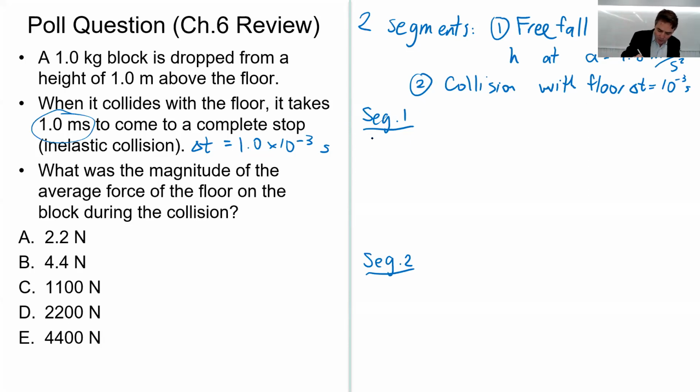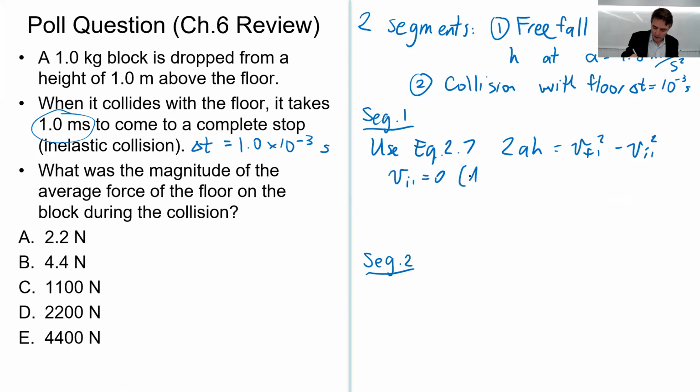I'm going to use equation 2.7, actually from chapter 2, which was that 2 times a times that distance, which I'm going to call h, is equal to v final squared minus v initial squared. So v initial, and let's call this for segment 1. So v initial for segment 1 equals 0, because we're going to assume that it's dropped from rest.